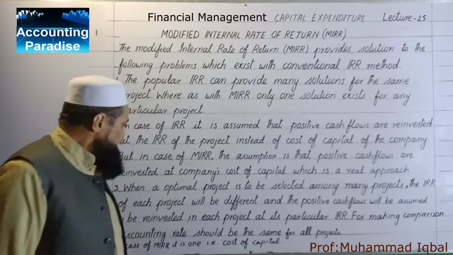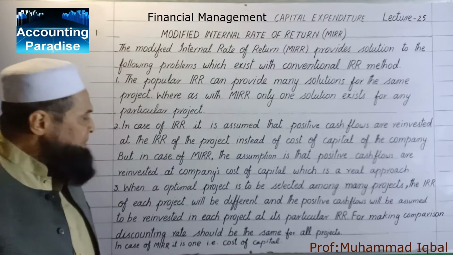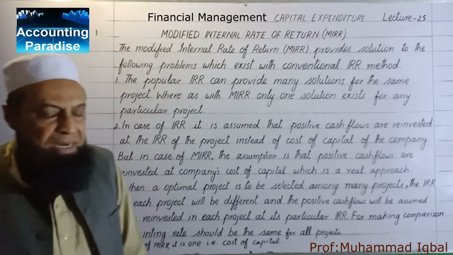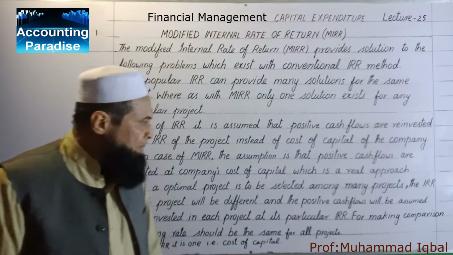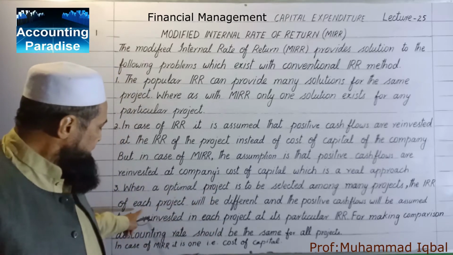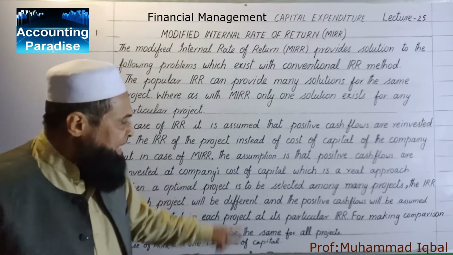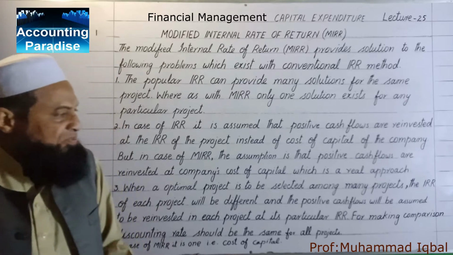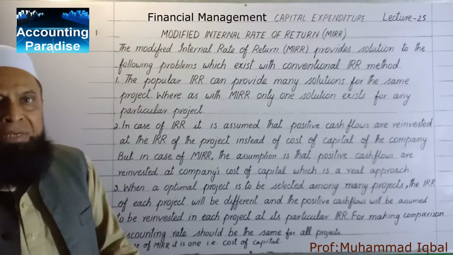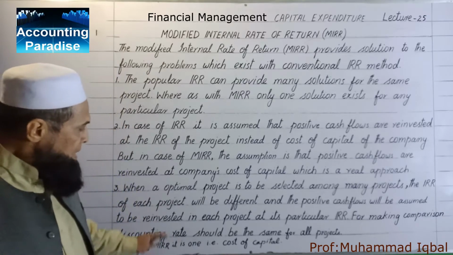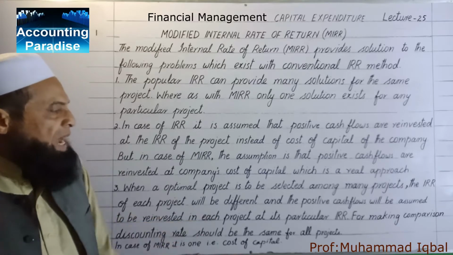Number 3, when an optimal project is to be selected among many projects, the IRR of each project will be different and positive cash flows will be assumed to be reinvested in each project at a particular IRR.